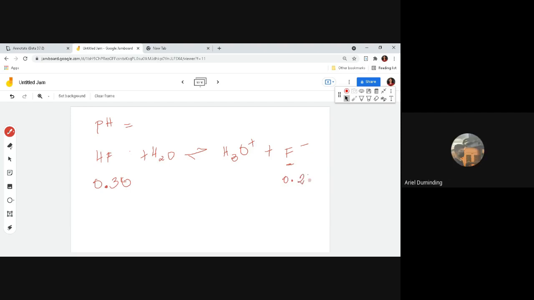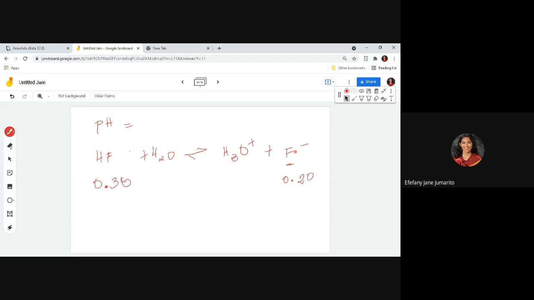Now, class, let's talk about the buffer effectiveness. A buffer is more effective if the concentration of your weak acid is equal to the concentration of your conjugate base.